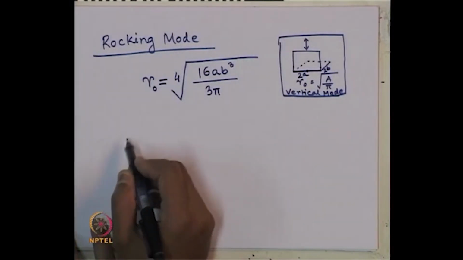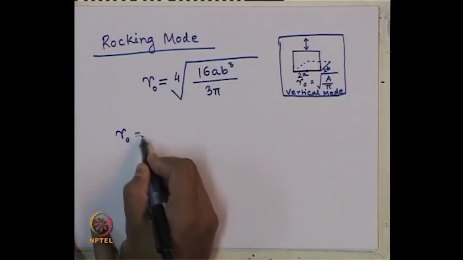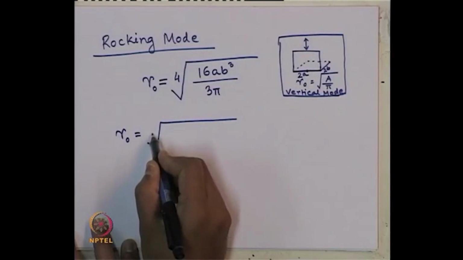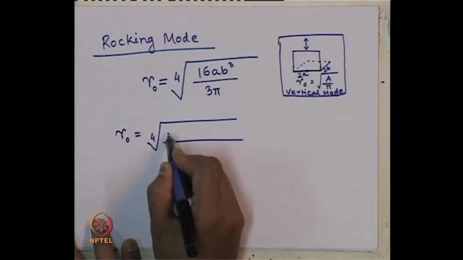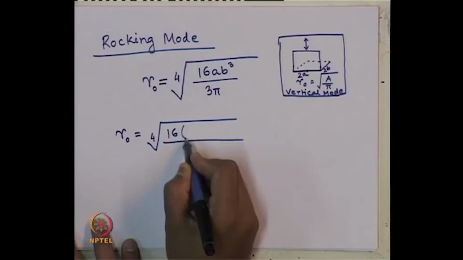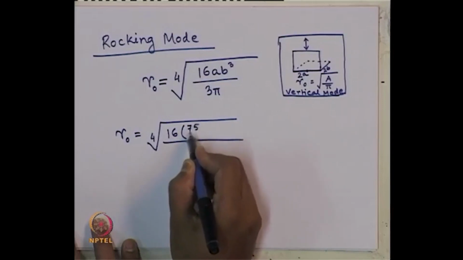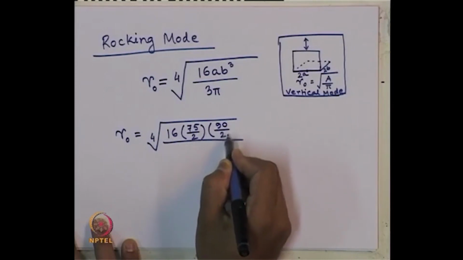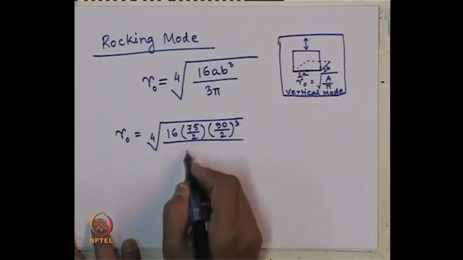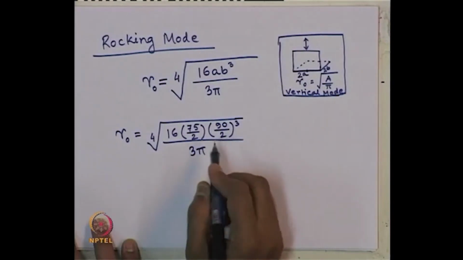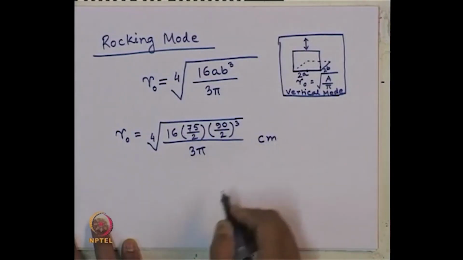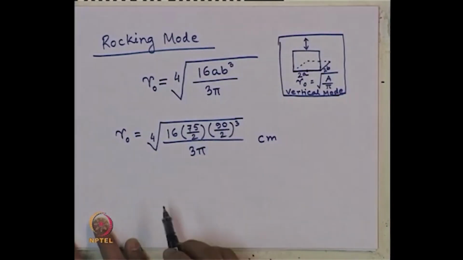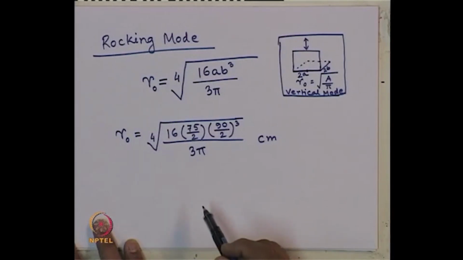So, in this case R naught will be 4th root of 16, 75 by 2 and 90 by 2 whole cube by 3 pi. So much of centimeter, because this 75 centimeter and 90 centimeter are the total dimensions in x and y direction.